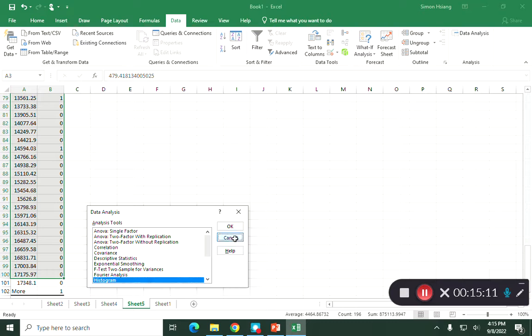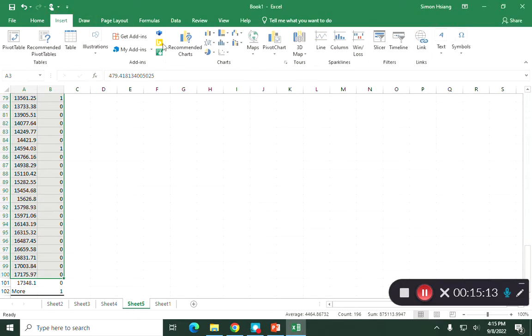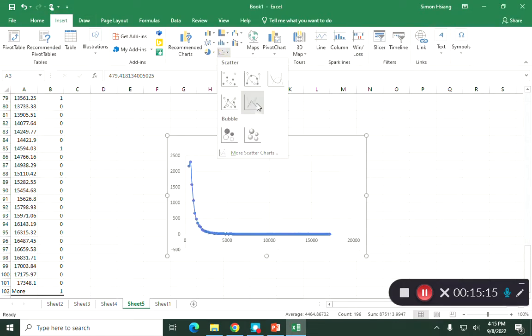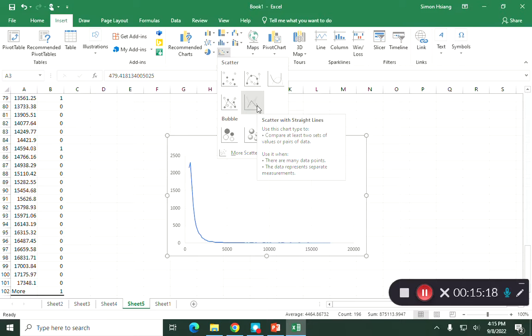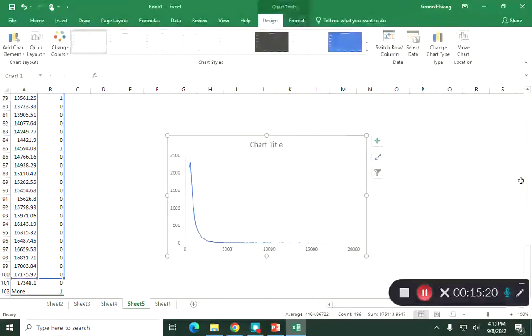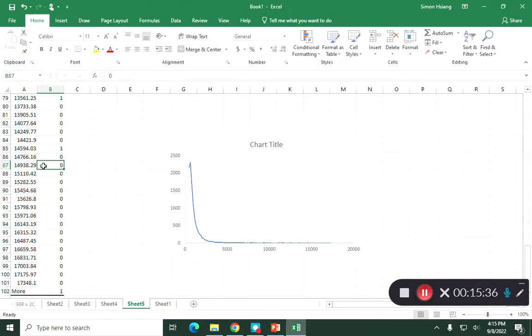No, not data analysis. Insert plot. Okay. So this is what my log normal distribution looks like. Okay. Ugly? Not too bad.